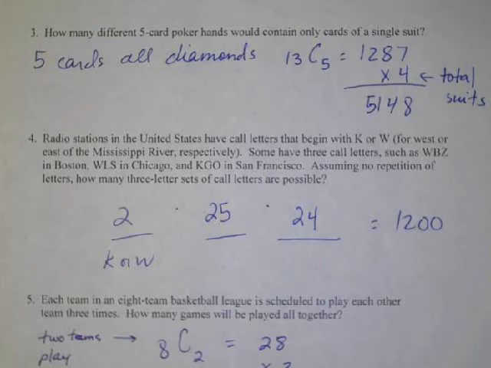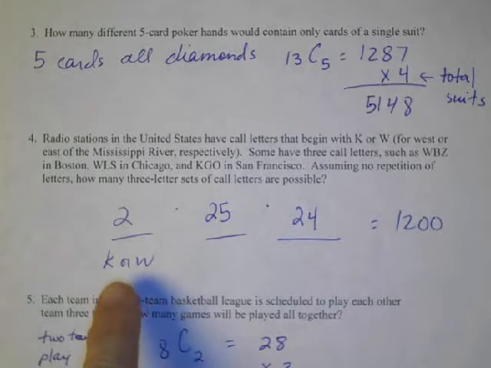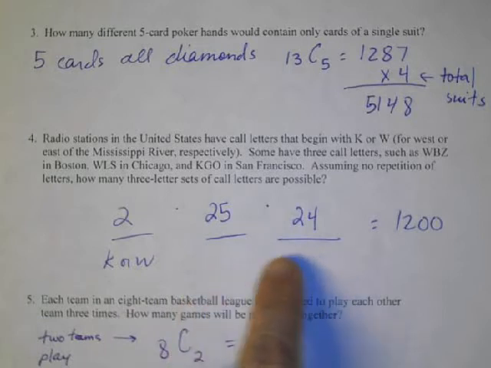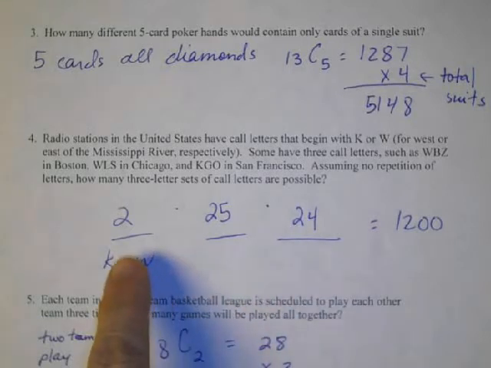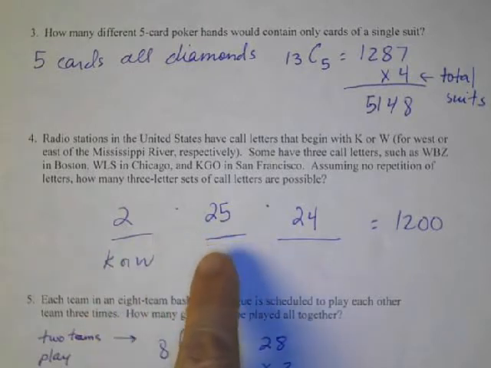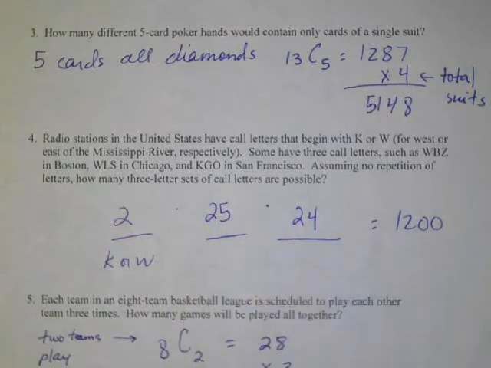Well, I'm going to make it a 3-part task and just plain and simply use the fundamental counting principle. The first letter must be K or W. The next 2 letters cannot repeat. In fact, all 3 can't repeat. So K or W goes first, and now I have 25 letters left because the K or the W is out. And then I have 24 left for the third position.